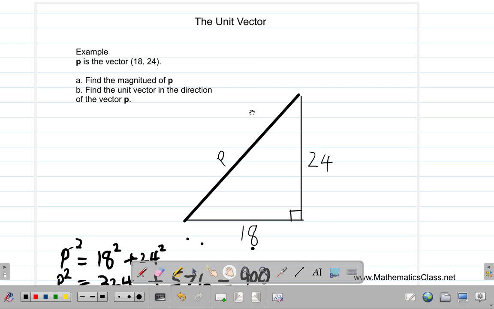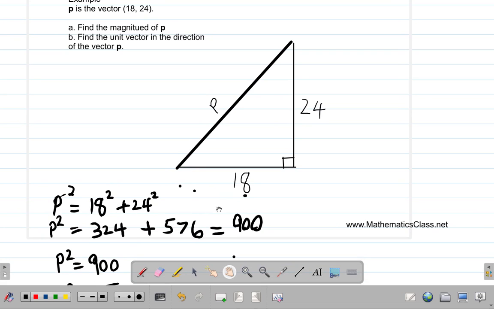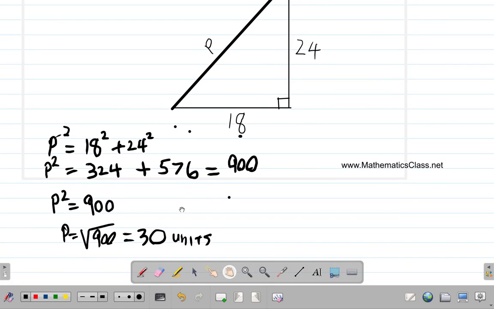Now part B. You must find the unit vector in the direction of P. Remember now, the unit vector is going to be a vector looking like this in the same direction as P, but the magnitude is 1.